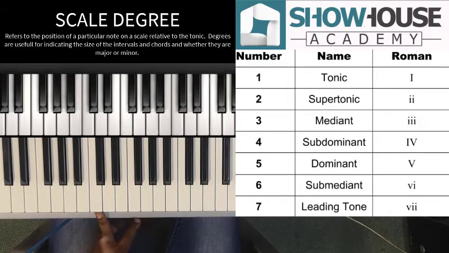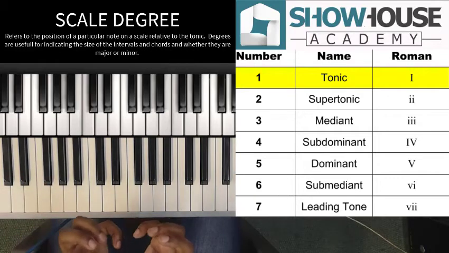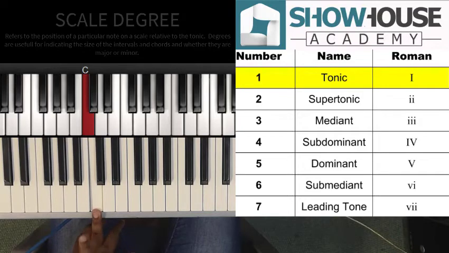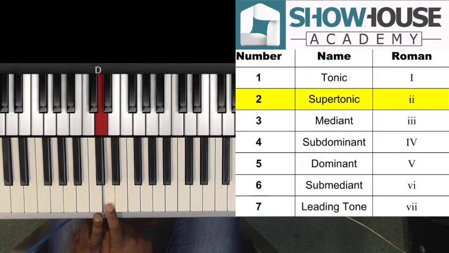The scale degrees go like this. 1 is called the tonic. Every time I play the tonic, it means I'm playing the mother note of that scale. So 1 is the tonic, 2 is the supertonic, the note above the tonic.